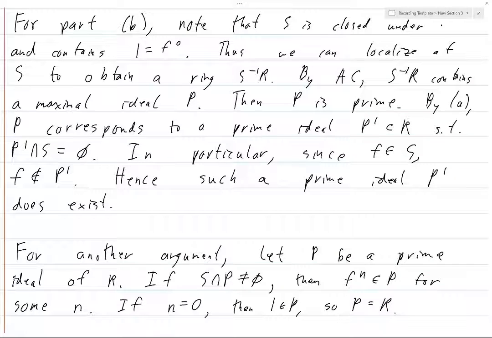And so this proves that F is in P. Oh wait, this is actually what I'm trying to prove. So yeah, I think this works. So if n equals 0, then 1 is in P, so P equals R. And so F is in P.